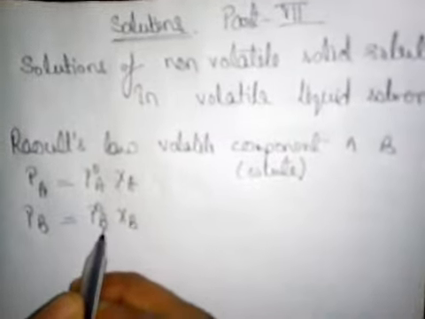P naught B is the vapor pressure of the pure component B. XB is the mole fraction of the component.